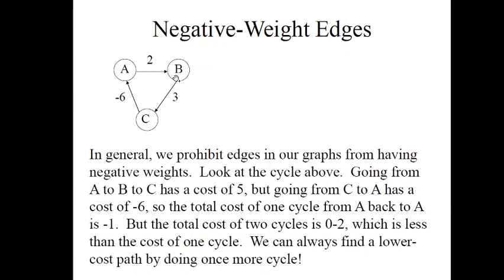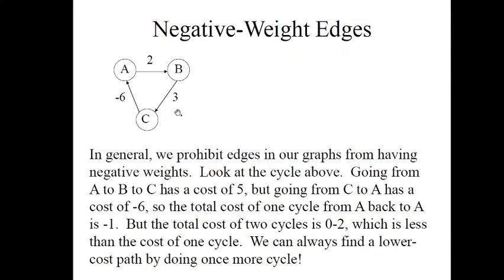The total cost of two cycles is negative 1 plus 2, 1, 1 plus 3, 4, 4 plus negative 6, it is negative 2, which is less than the cost of one cycle. That means we can always find a lower cost path by doing one more cycle.